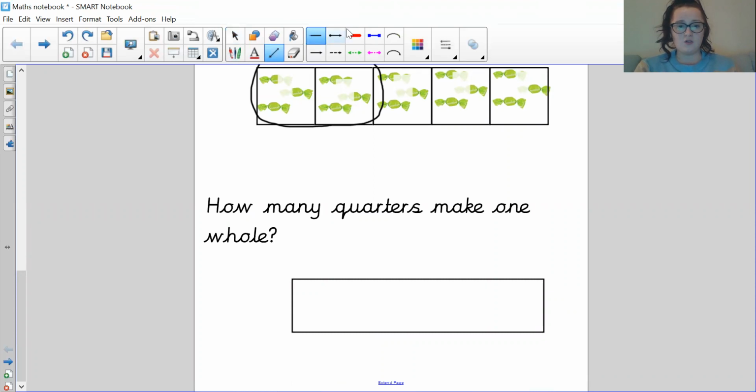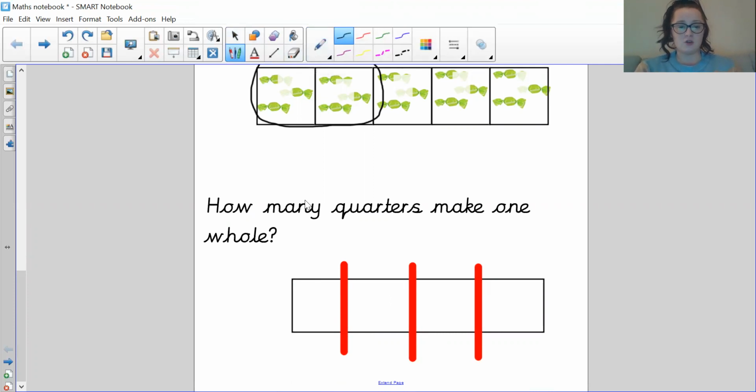So I know that we split it in half and then half again for the quarters. So how many quarters make up a whole? 1, 2, 3, 4. So we've got 4 quarters there that make up a whole. So we could say 4 quarters.